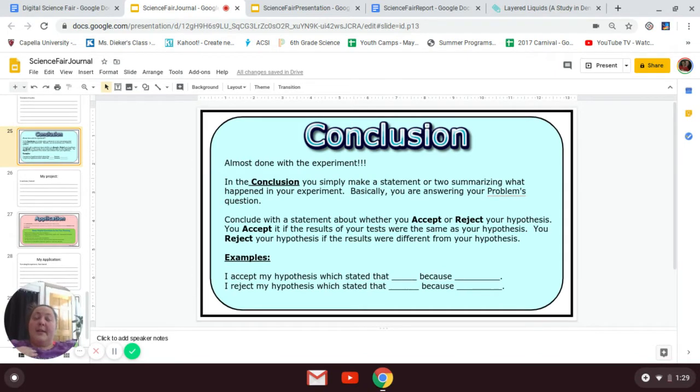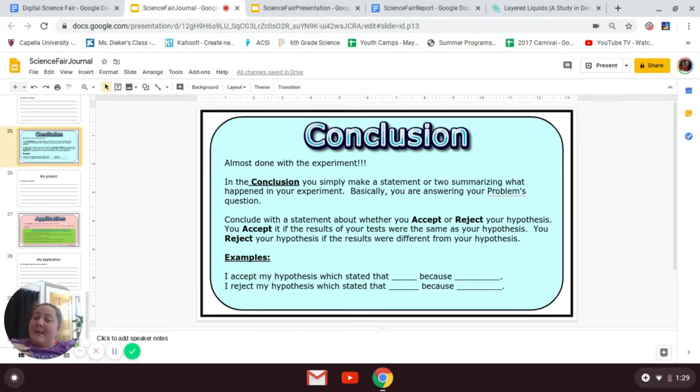So maybe with my density project, I said that the oil was the least dense and the chocolate syrup was the most dense, and I found out that that was true. If that's true, I have not found out yet. I'm going to still do my experiment.